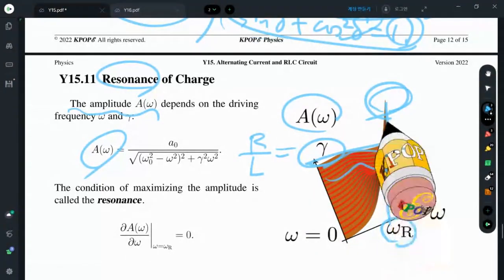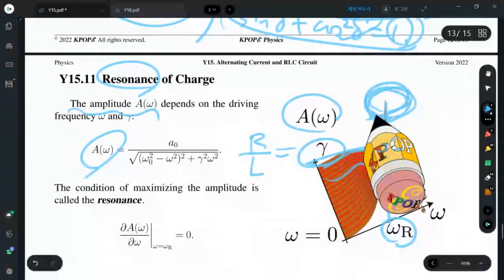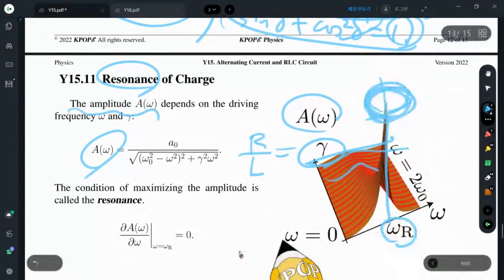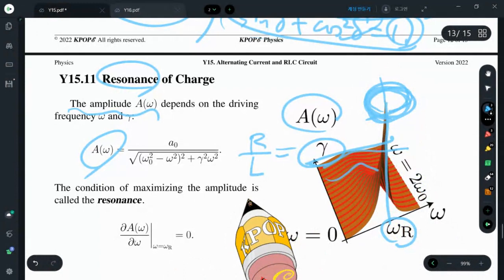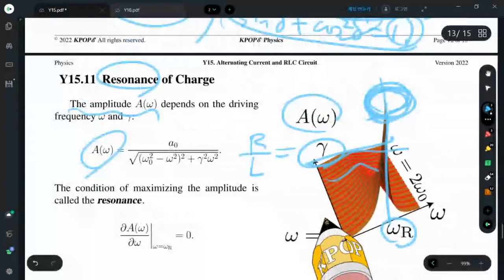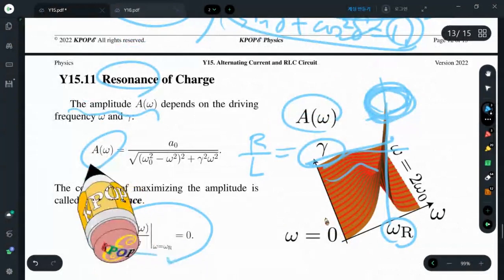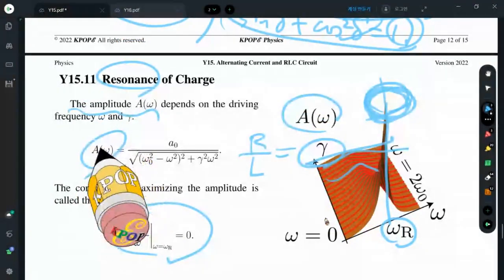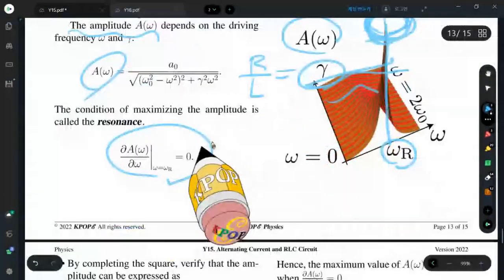When R is 0, it becomes a very, very sharp peak going to infinity. So the condition of resonance is just that the derivative of this amplitude, which is a function of omega, should be 0.